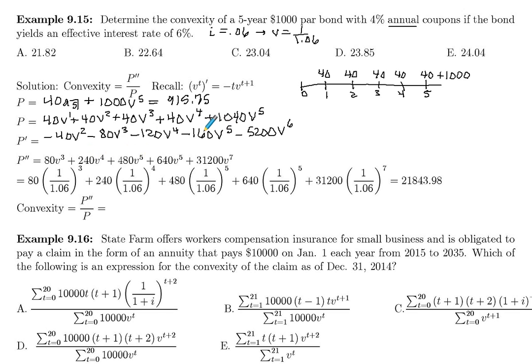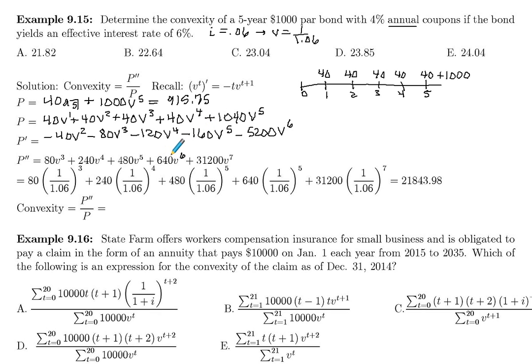Negative 5 times negative 160 is positive 640, v to the, let's see, this should be sixth actually here. This should be v to the sixth, because we increase our exponent by 1. And then, wait a minute here. 5 times 160, I think this is 4 times 160 here. 5 times 160, 5 times 100 would be 500, 5 times 60 is 300.